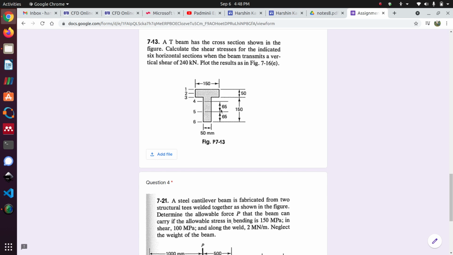So there are 6 horizontal sections mentioned here, 1 2 3 4 5 6, and the location of each of them is clearly marked. So you just need to calculate the shear stress at these points.